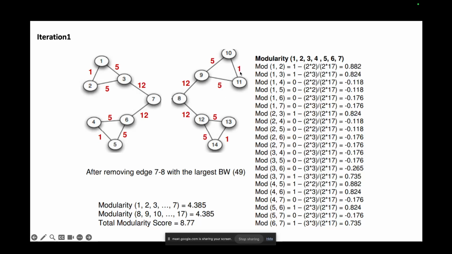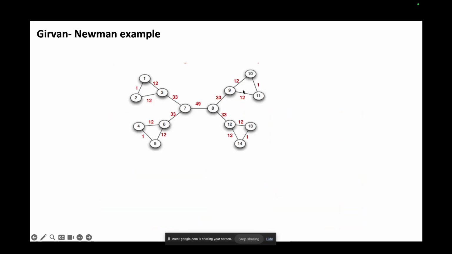You have 7 nodes on the left and on the right. For the Girvan-Newman algorithm, you calculate the betweenness centrality first, and you'll find that this particular edge has the highest betweenness centrality.